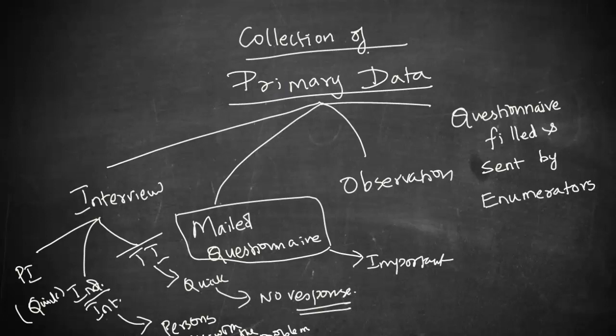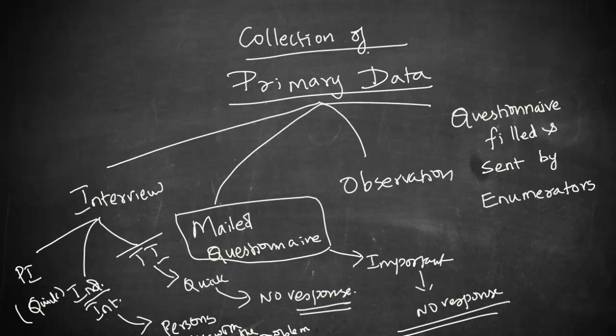It should be sent to the respondents with a prepaid stamp after providing all necessary guidelines enabling them to fill up the questionnaire. So here you can cover a wide area, but the amount of non-response will also be high in this mailed questionnaire, because it's not compulsory for them to respond.